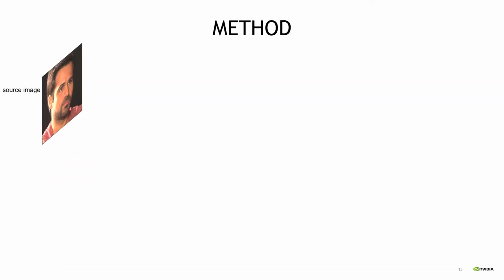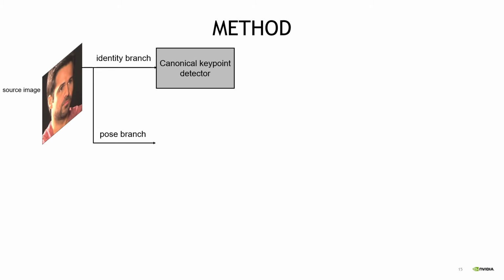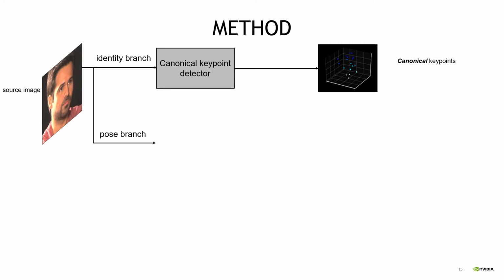So we use a specific key point decomposition scheme to estimate the components and combine them to obtain our final 3D key point representation. We have two branches, the identity branch and the pose branch. We use something we call the canonical key point detector to extract identity information.